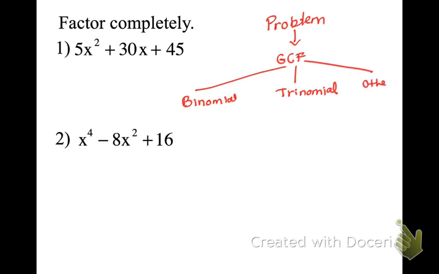I call that other. Okay, we talked about that the only kind of binomial we can factor is a difference of squares. Okay, that would look like x squared minus 25. You don't need to write this. I'm just pointing it out up there, but I have the recording.